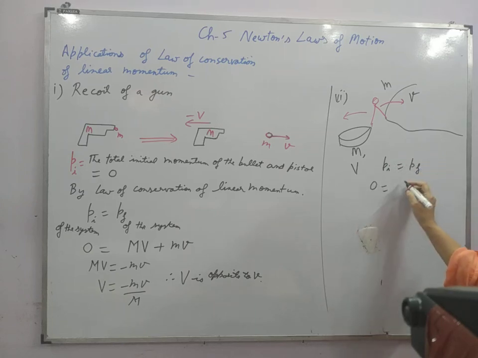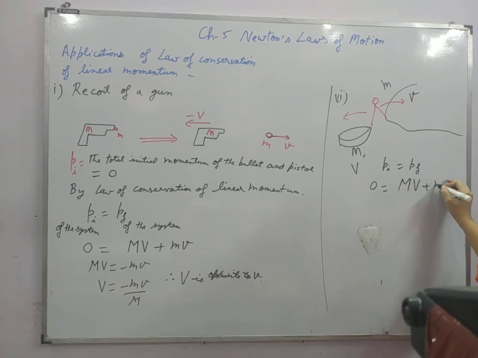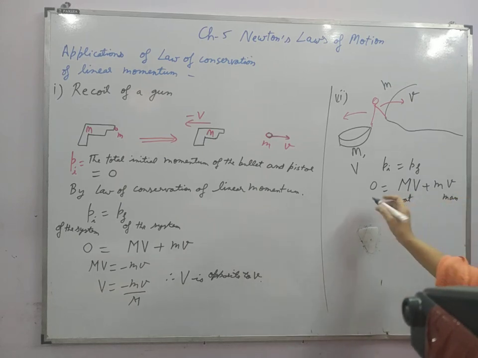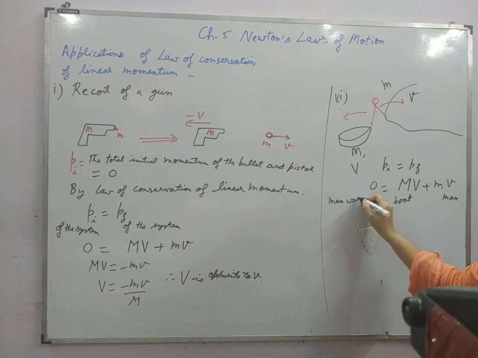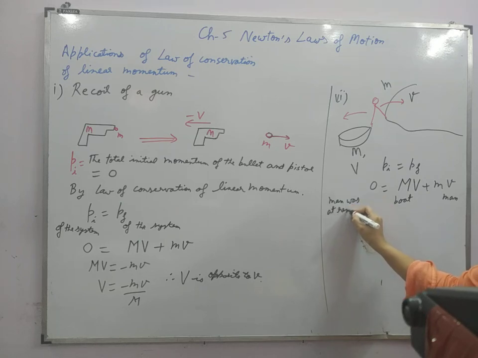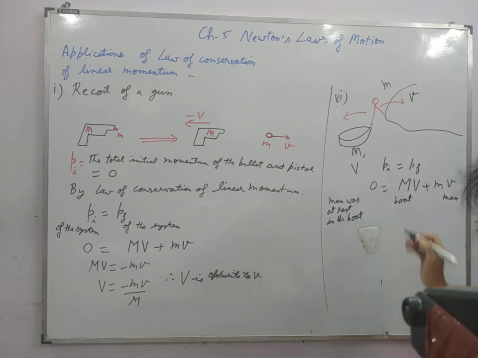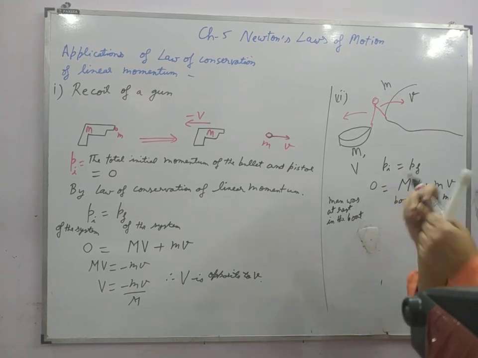So the initial momentum was 0. When the man was in the boat, he was at rest, so the total momentum of the system, boat plus man, was 0.